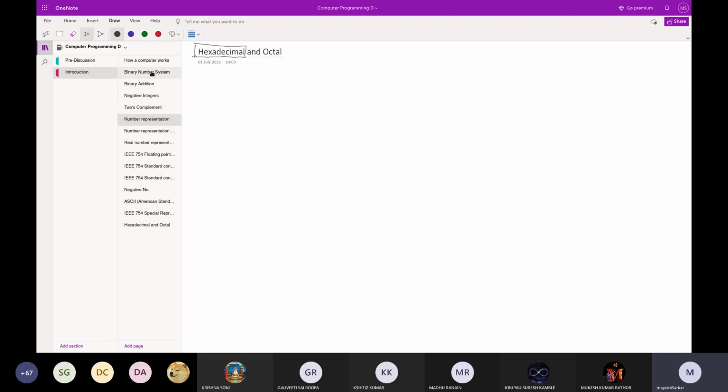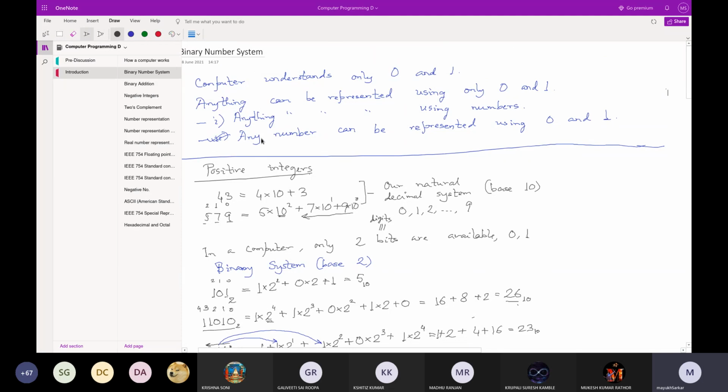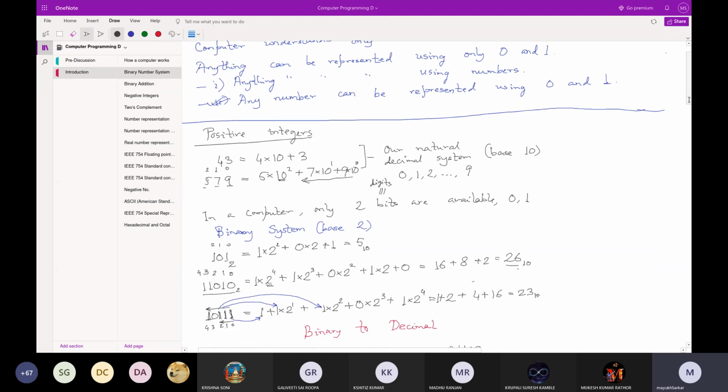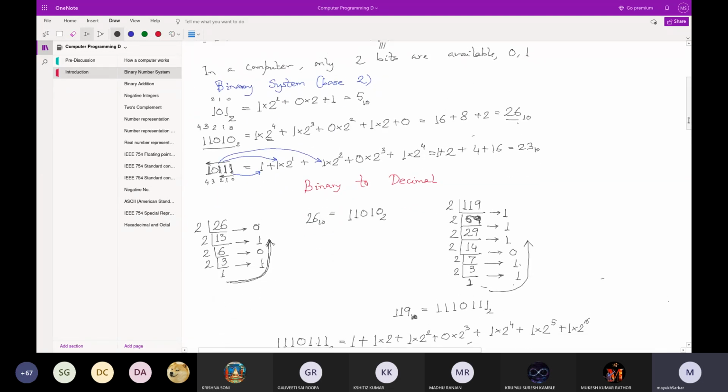If you can remember from our discussion of the binary number system, to obtain the binary number from a decimal, we divided the number by 2 continuously, right?